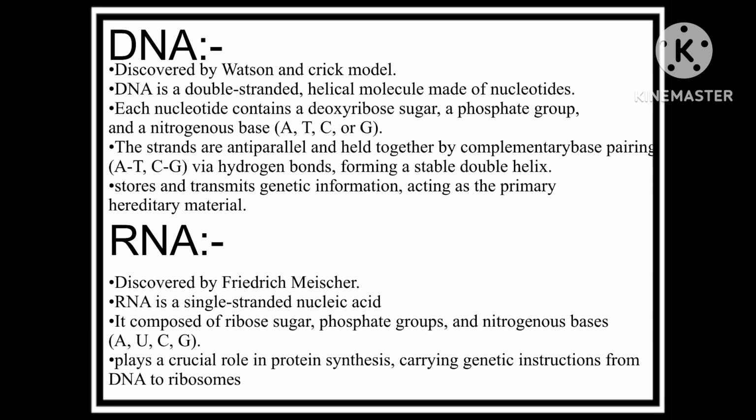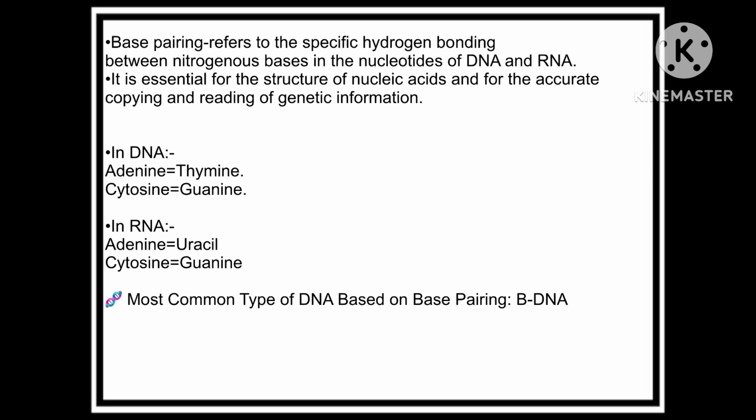There is no base pairing in RNA, but at some higher level it gets folded. This is possible due to complementary base pairing, and I will explain it in another lecture. Its functions are very clear: it plays a crucial role in protein synthesis and carrying genetic instructions from DNA to the ribosome.